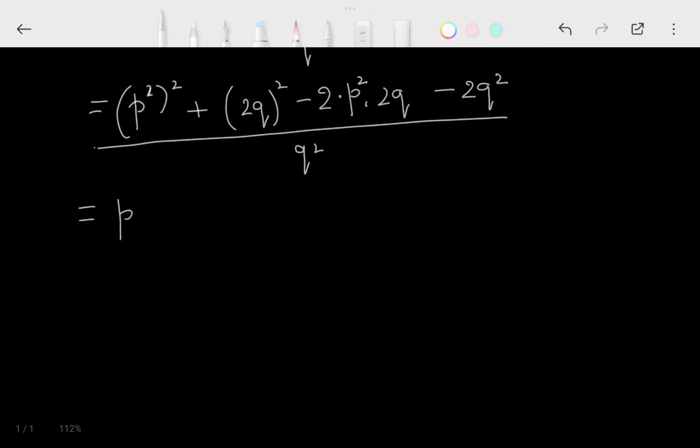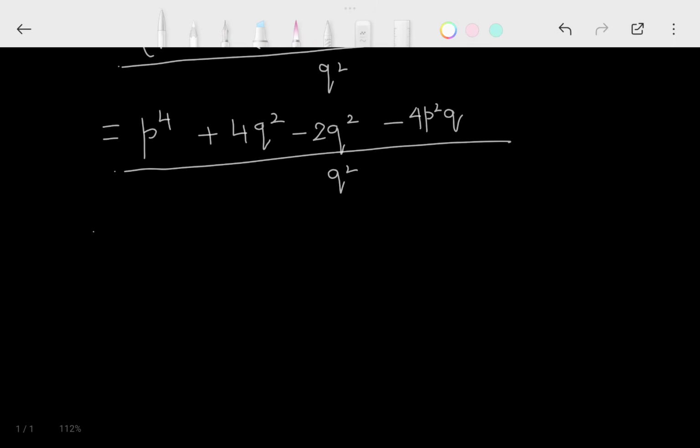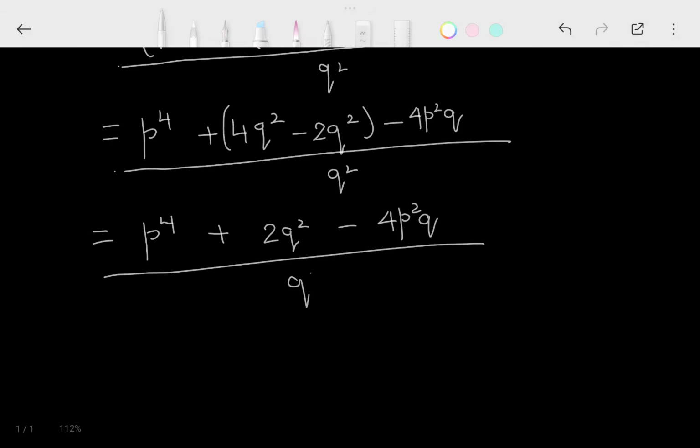So we have p raised to the power 4 plus 4q square, and here we have minus 2q square. Minus 4p square q, whole divided by q square. Now divide each term by q square. Let's solve this part first. So here we get plus 2q square minus 4p square q, whole divided by q square.